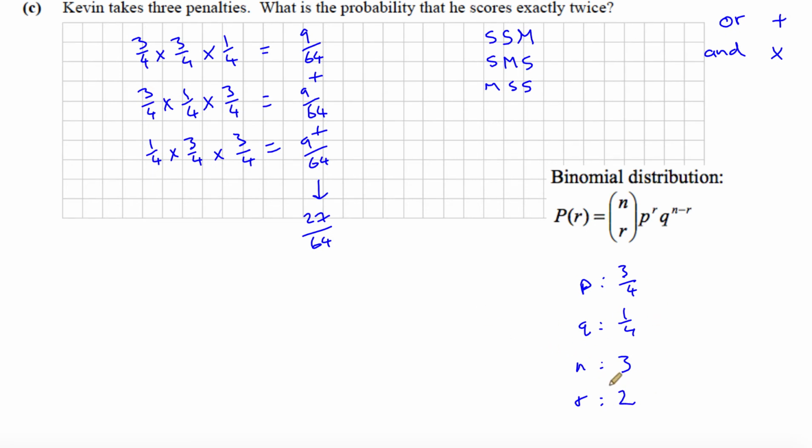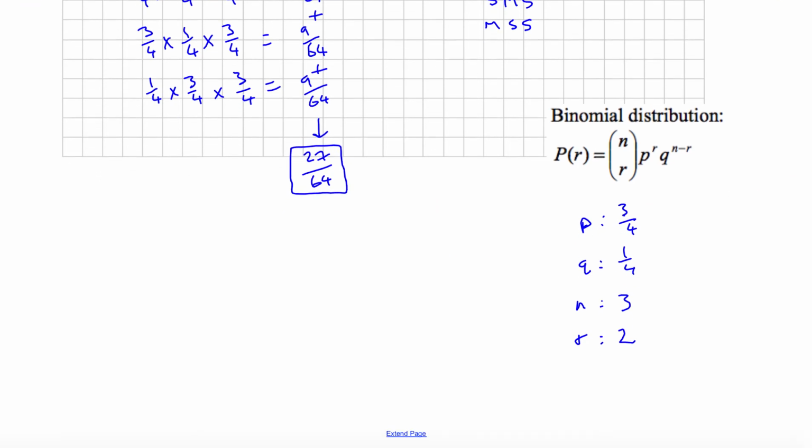Okay, so by using these values here and plugging them into this formula, we're going to see, do we still get this answer here? So I'm just showing you another way to do the same question now.